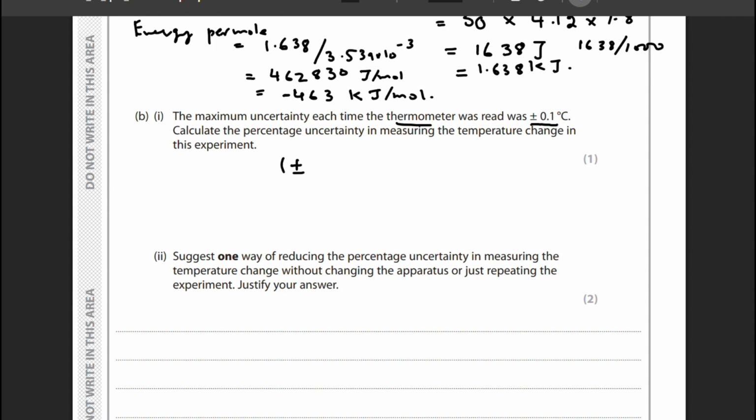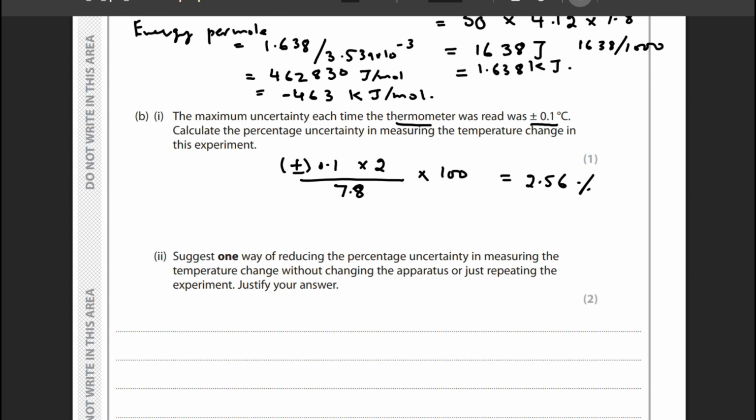The uncertainty is 0.1, because we are taking thermometer value, so we will multiply this with 2, and divide by the change in temperature, which is 7.8. Because we are changing to percentage uncertainty, we will multiply this with 100. So the answer is 2.56%. This is the percentage uncertainty.